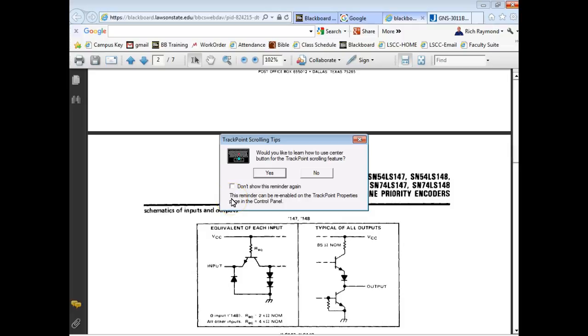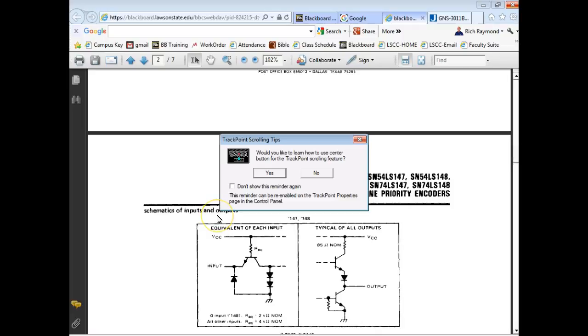Input on 1, output on 2. Input on 3, output on 4. Input on 5, output on 6. Right? And then we'll input on 9 and output on 8. Okay, so that's what we use on the 7404.